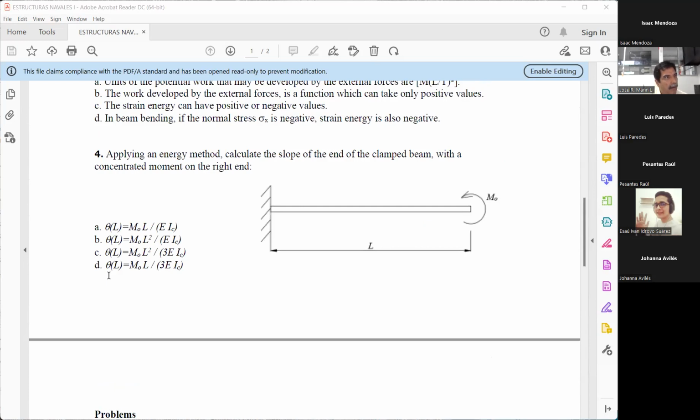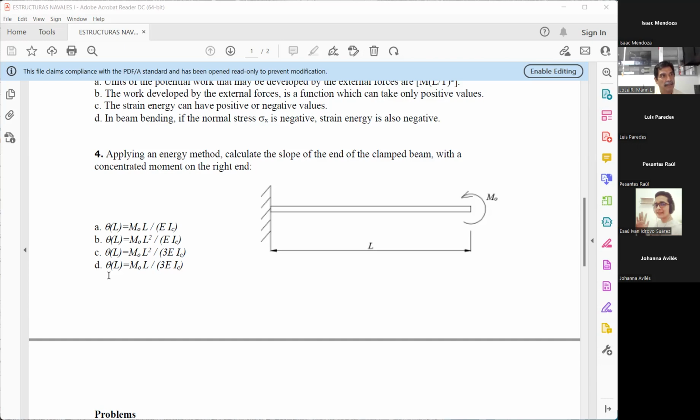My answer is D. But in Aula Virtual, my answer was marked wrong. What are the units of the numerator here?